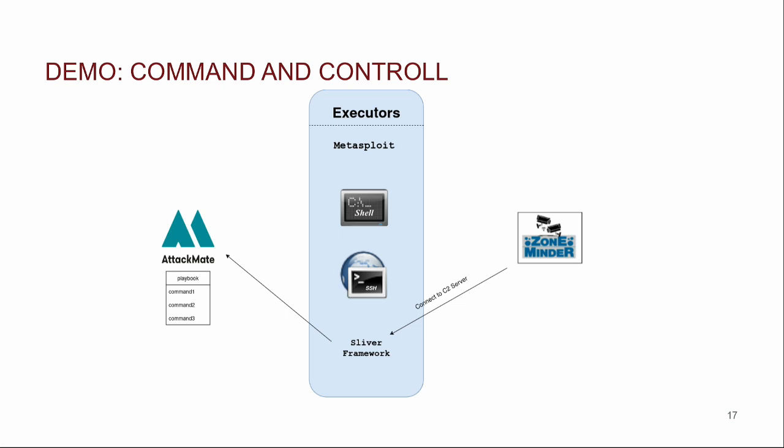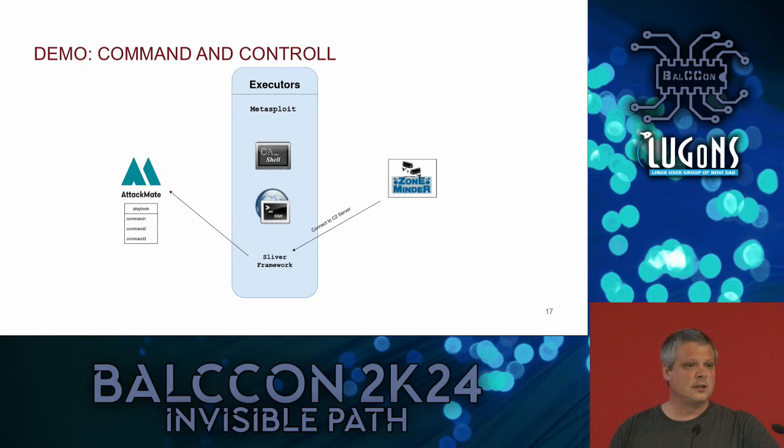Once the malware is executed on the system, it connects back to the C2 server. In our case, I think it is a DNS-based connection, but Sliver has a lot of others, like WireGuard and HTTPS. And AttackMate can even create sessions for the Sliver connection. So after that, we can use the Sliver connection to do other stuff.